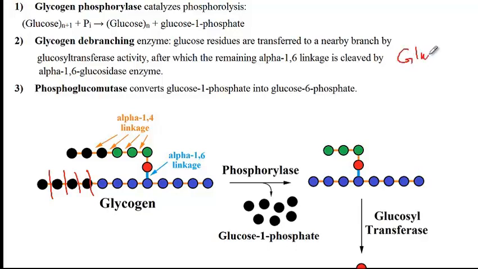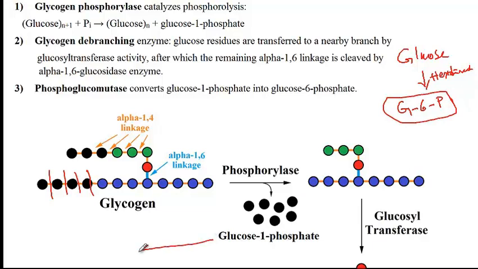Remember, we had glucose, and in the first reaction of glycolysis it was converted to glucose 6-phosphate by the hexokinase enzyme. So this is what we will need, and therefore we have the enzyme called phosphoglucomutase, which will convert the glucose 1-phosphate into glucose 6-phosphate. Alright, so that's the breakage of all these alpha 1,4 linkages.